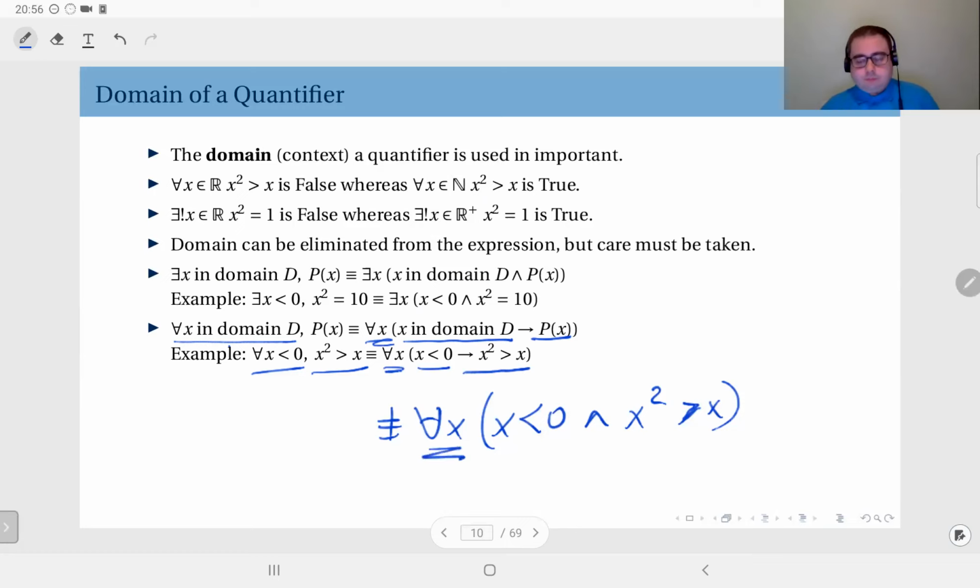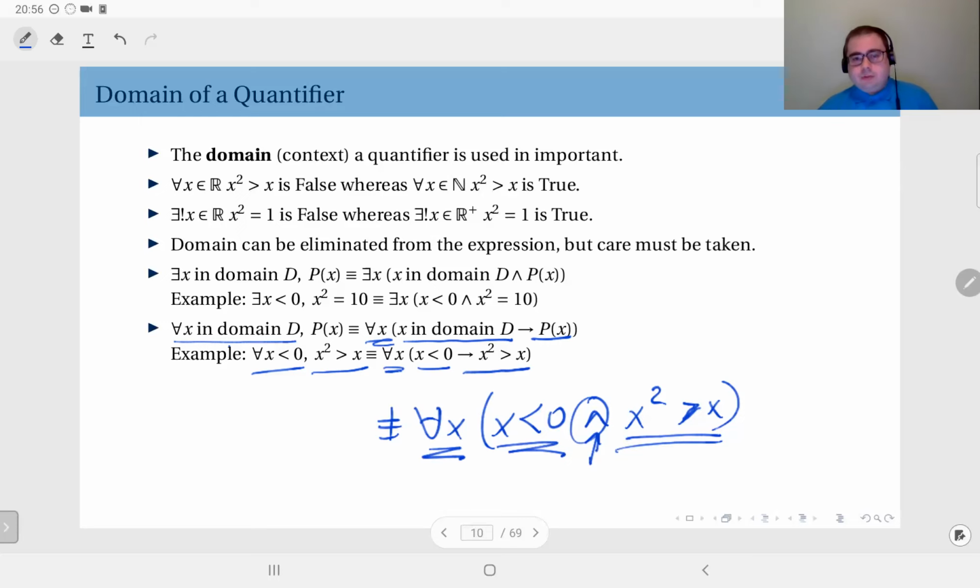For all x, x is negative and x squared is greater than x. So this doesn't say when you have a negative number, its square is going to be greater than itself. What it says is any number you can think of is negative, and not only that, its square is greater than itself.